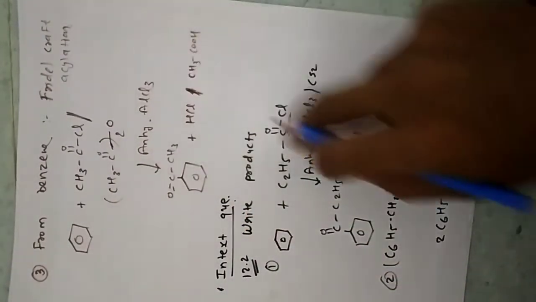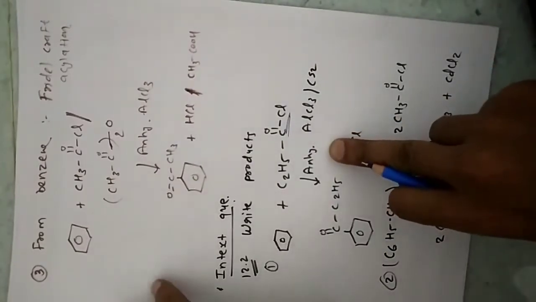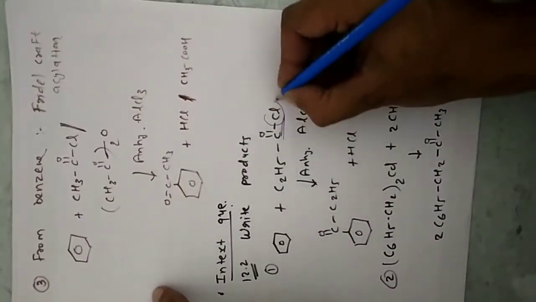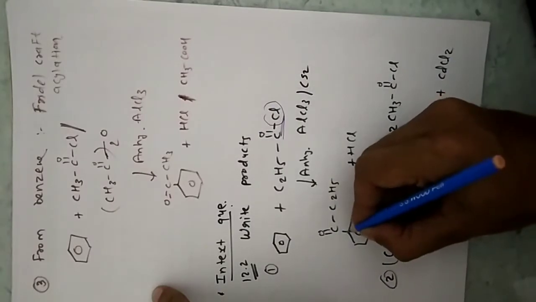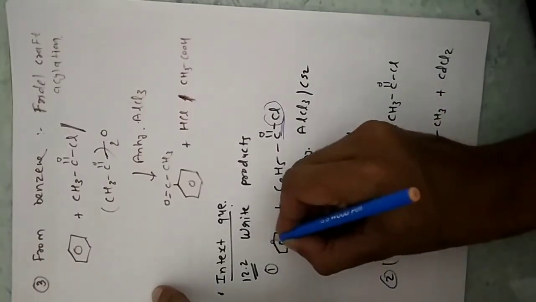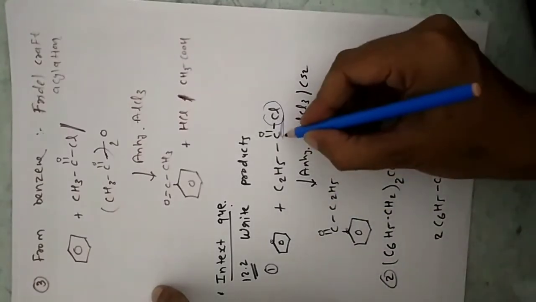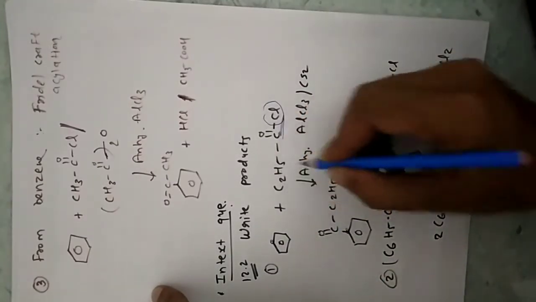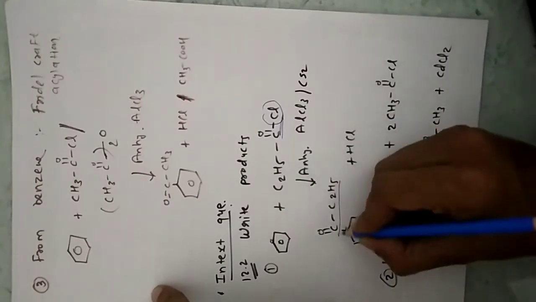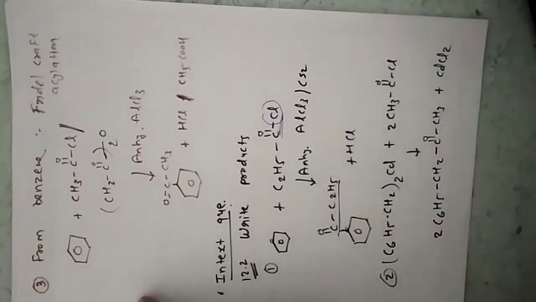So what you have to do is just remove Cl and hydrogen from this carbon, remove HCl, and in the remaining part attach COC2H5. You can see COC2H5 is attached on the benzene ring.